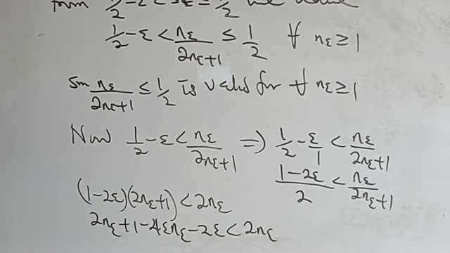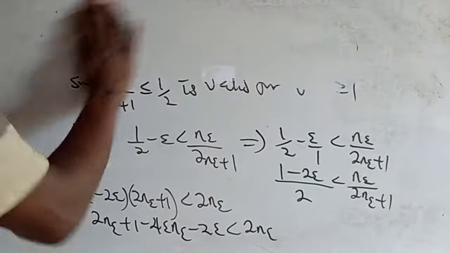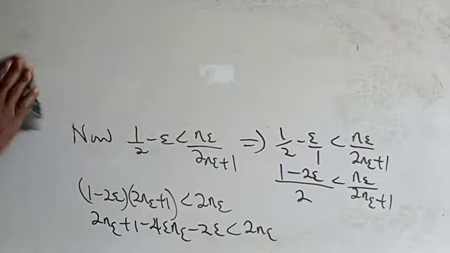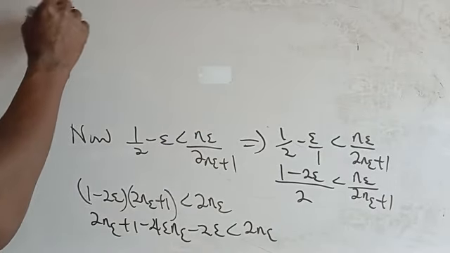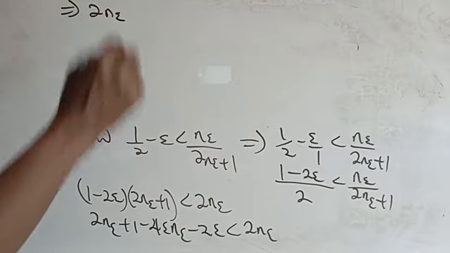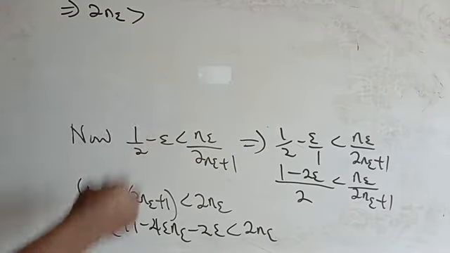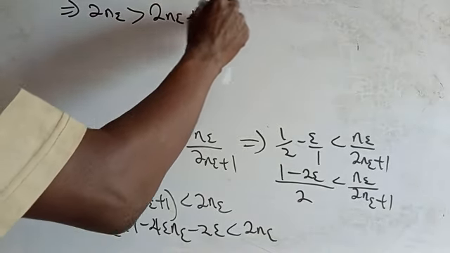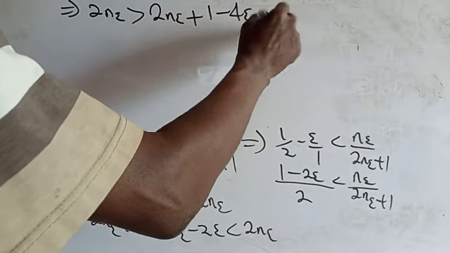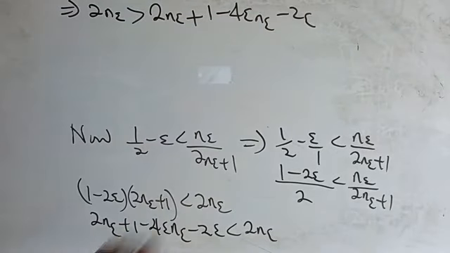So now we can change this sign, because the n epsilon that we are looking for must be greater. That implies that 2n epsilon is greater than 2n epsilon plus 1 minus 4 epsilon n epsilon minus 2 epsilon.